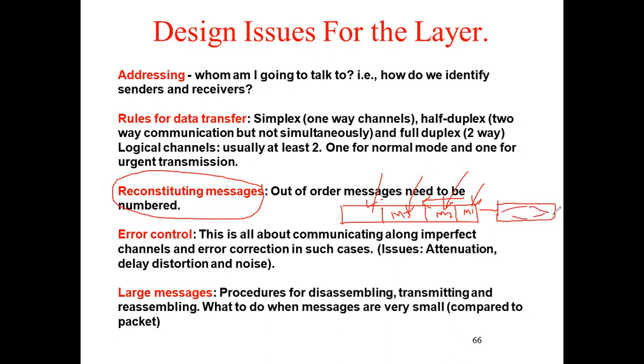And there may be a case that message 2 arrives earlier than message 1, right? So if we are not giving a sequence number, then it is very difficult to distinguish between them. So what is needed? We need some method by which we can recognize the sequence. So we will number them, and that is known as segmentation, right?